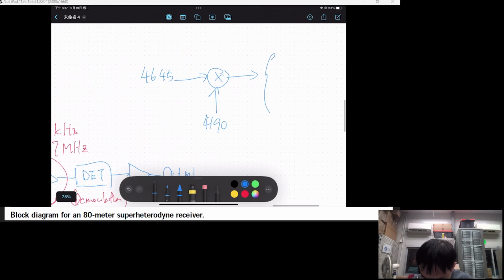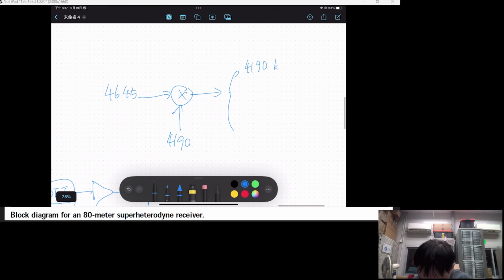What is the output? You have 4190 kilohertz, 46459. Mấy gì còn một đấy.